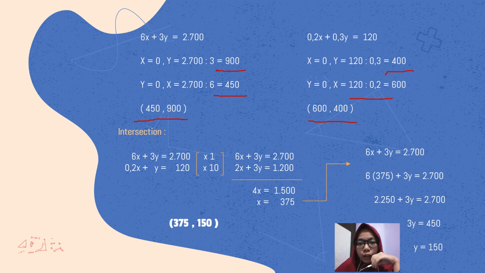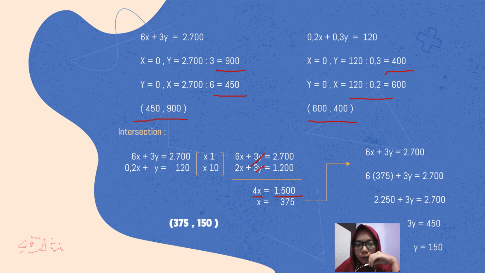Then 3y minus 3y is 0, 6x minus 2x is equal to 4x, and 2,700 minus 1,200 is 1,500.